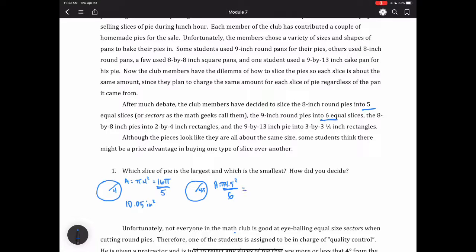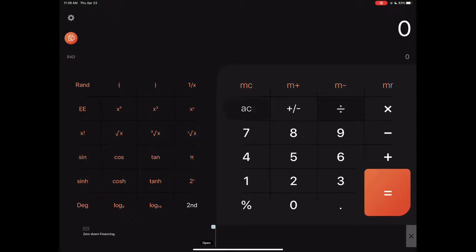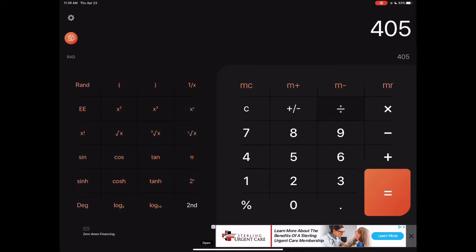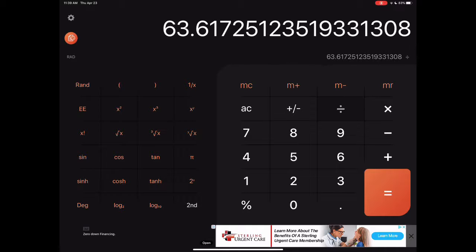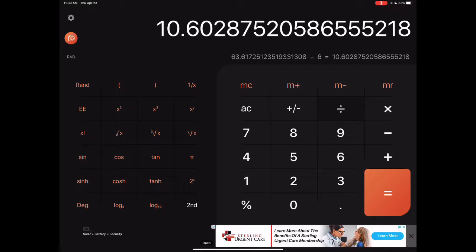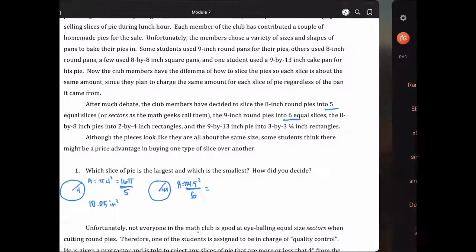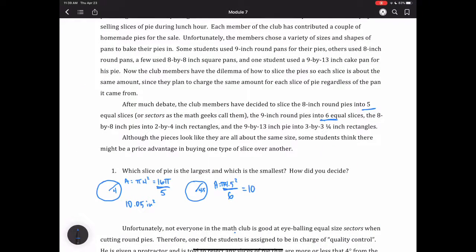So now I can use my calculator. I'll go 4.5 squared. Whoa, I missed the point. 4.5 squared times pi, and divide that by 6 this time. So that's equal to 10.60 inches squared.